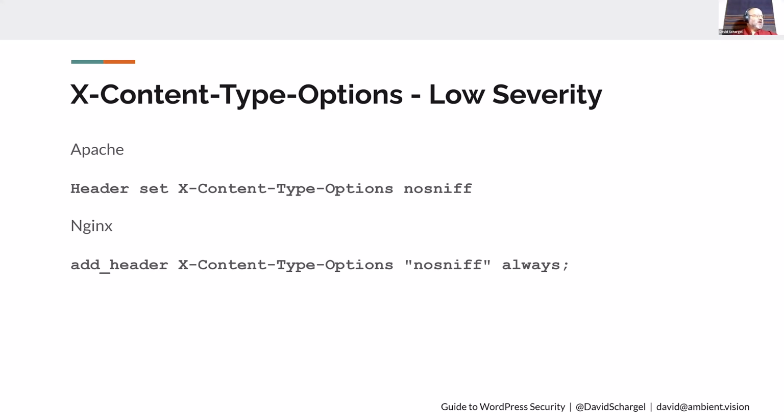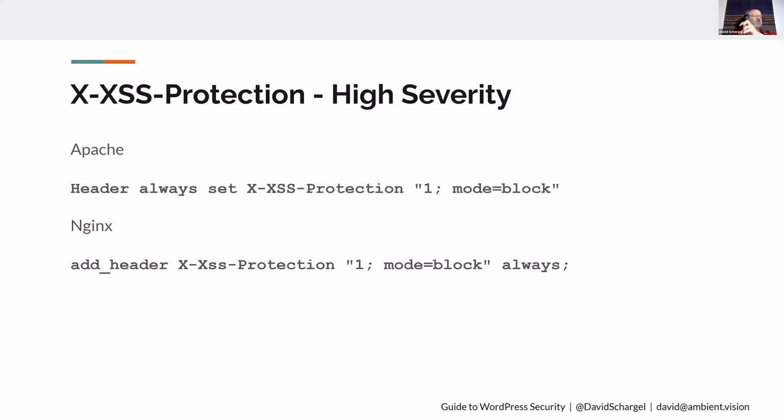That whole idea, by the way, about cross-site scripting gets taken care of in large part with this HTTP header. It's a high severity header. Again, cross-site scripting is where code is injected. The sad thing is that code can get injected to perform actions in the user's browser on behalf of another website.